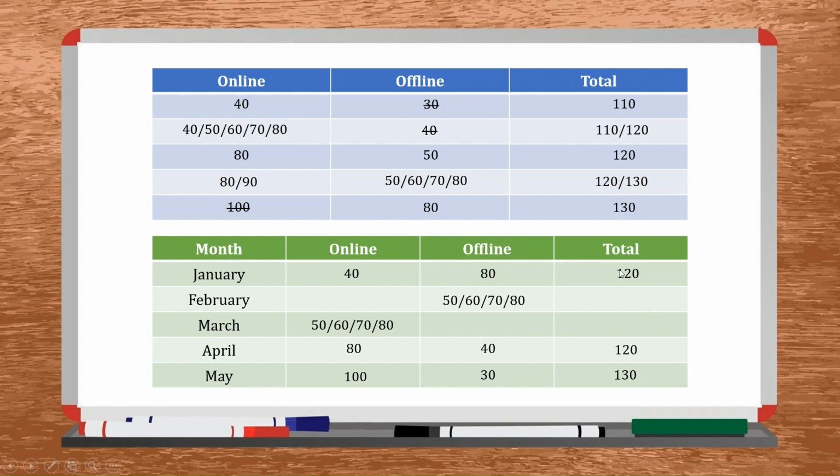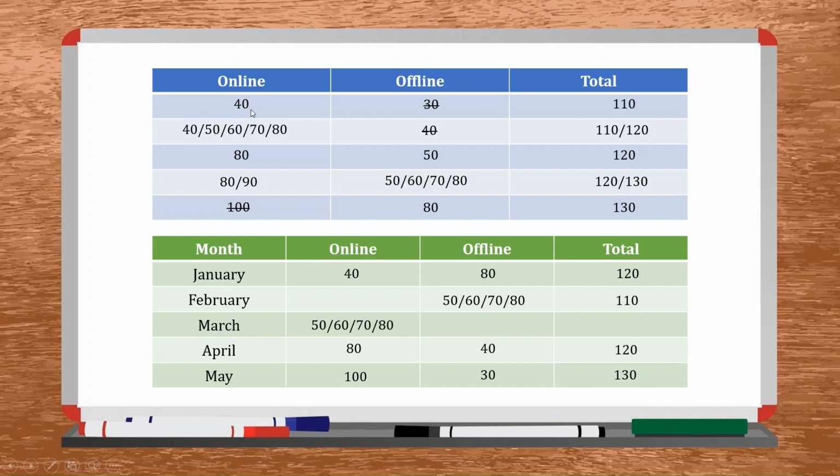So let's place 110 in February first. If I place 110 in February, let's apply some reasoning and go through all the possible offline values in February to see if we can come up with a total of 110. If I take 50 for offline for February, then online will also be 50. If online is 50 for March, then the second value of online has to be 50, because no other value is 50.